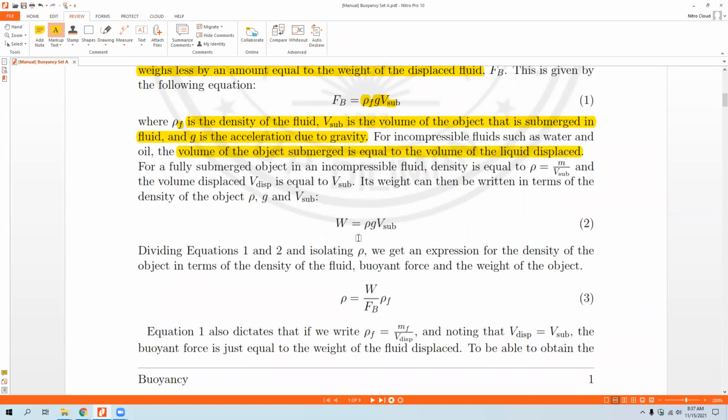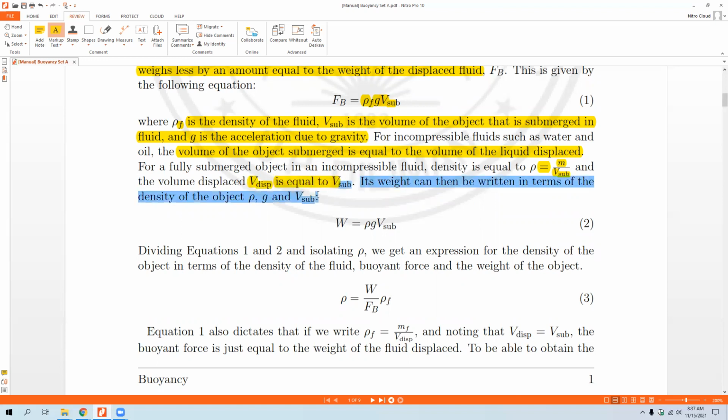So, yung density ng object mo is equal to rho is equal to M, mass ng object, divided by the V submerged. So, dahil sa principle na ito, yung volume of the object is equal to the volume of the liquid displaced. Yung terms na ito pwedeng palitan as follows.